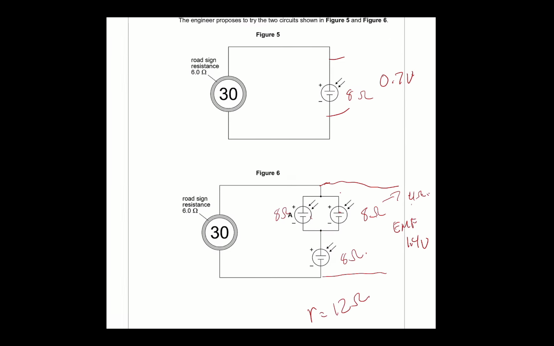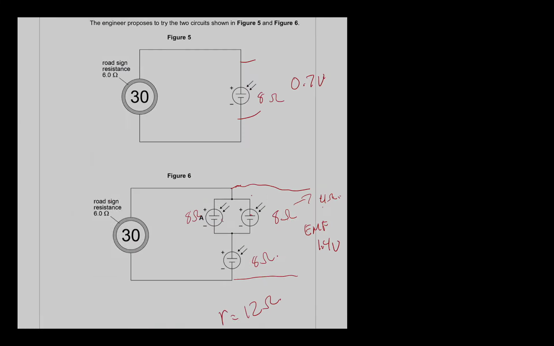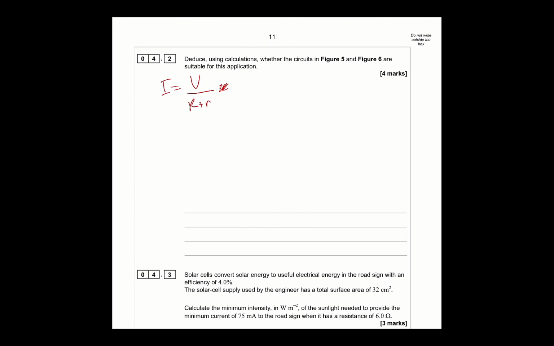Here it's 8 ohms for the internal resistance. Not really good that the internal resistance is higher than the resistance of our lamp. It means we're actually dissipating more energy in the power supply than we are in the lamp, but that's beside the point. This is what we've been given.